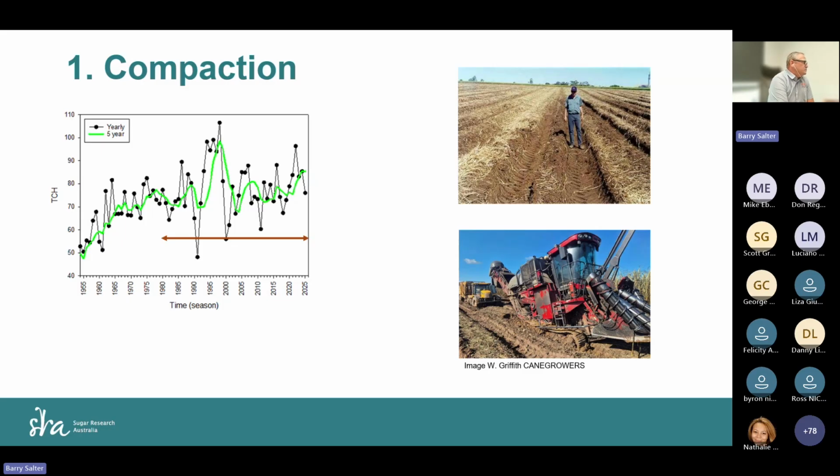Is the compaction caused by the mechanisation of the industry one of the reasons why we flattened off? Now, it's pretty impossible to actually say that that's the cause, but the issue is that there's probably a correlation there. And so you need to think about whether or not that's part of the problem.